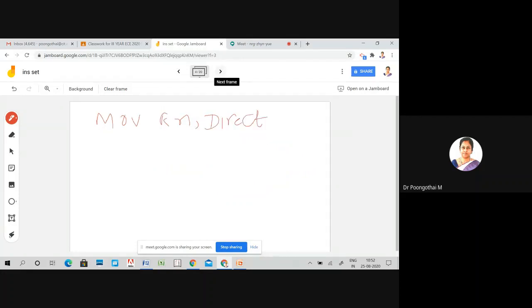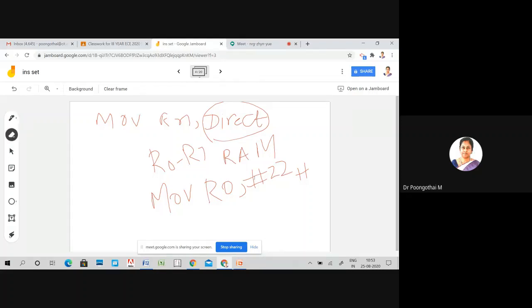Next one, MOV Rn, direct address. Here direct address is nothing but your internal RAM memory address. Here you can specify registers from R0 to R7. For example, MOV R0, 22H. Any address you can give. Sorry, don't use hash here; you can directly specify your address.